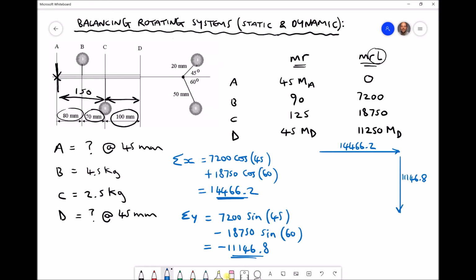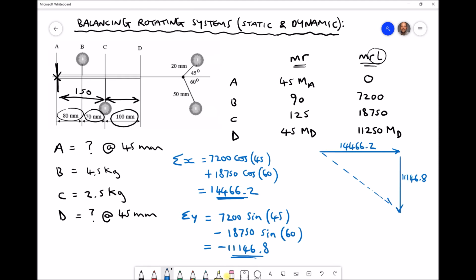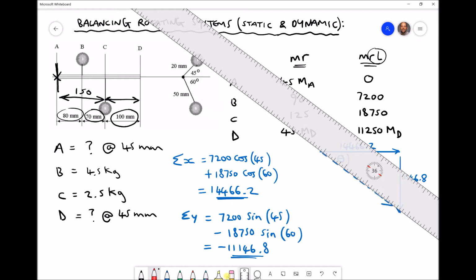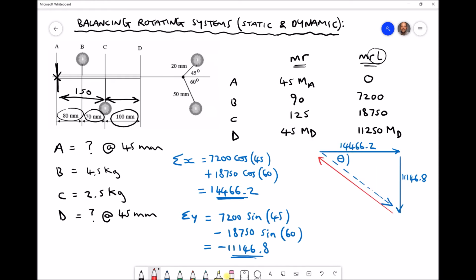Now we're going to use Pythagoras' theorem to determine the magnitude of our resultant, which acts in this direction. We're then going to use trigonometry to determine this angle, which I'm going to call theta. And then we can determine the bearing of our equilibrium, which effectively opposes the resultant. Like so.